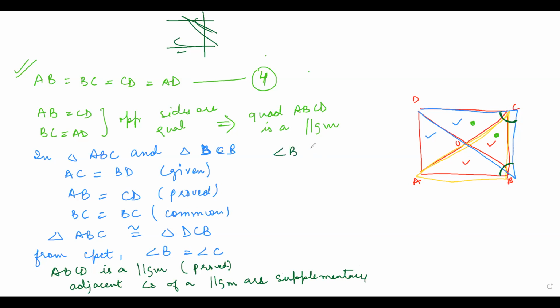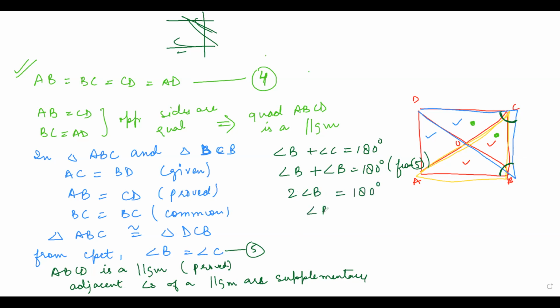So I can say that angle B plus angle C is equal to 180 degree, right? Now I can replace angle C with angle B, because they are equal. From 5, we have already shown they are equal. So twice angle B is equal to 180 degree. So angle B is equal to 90 degree. So one of the corner angles is now 90 degree, right? So you can mark it result number 6.